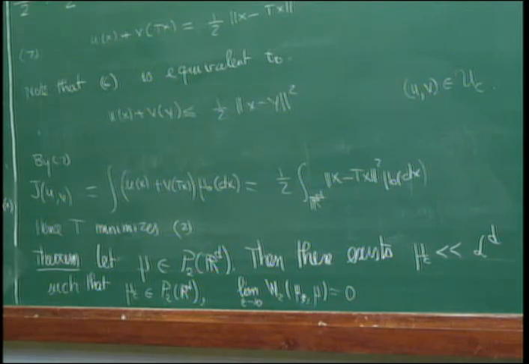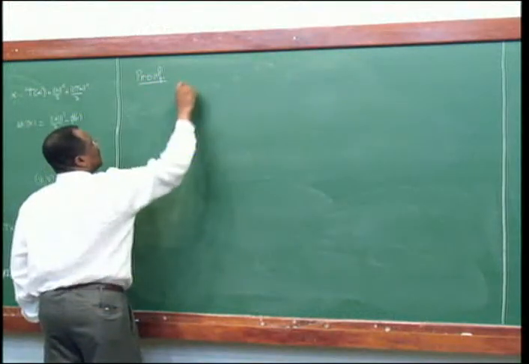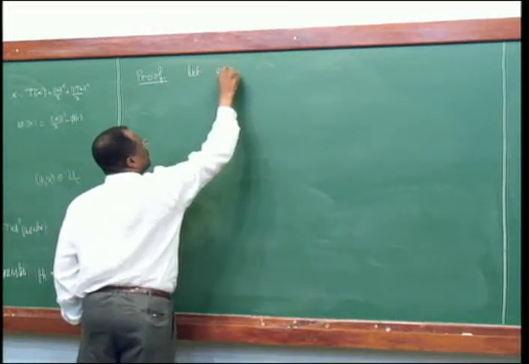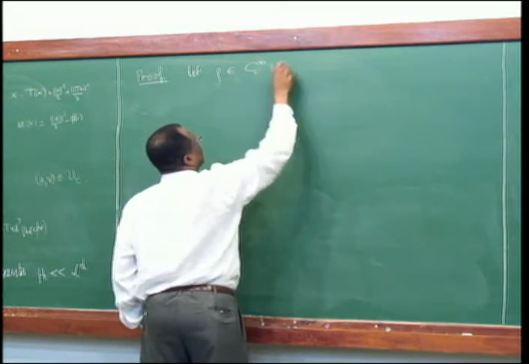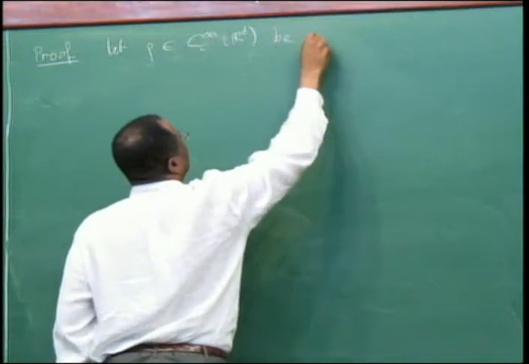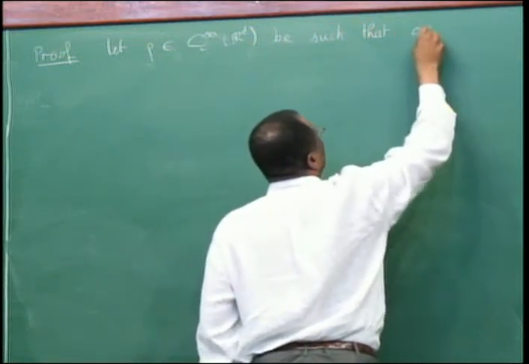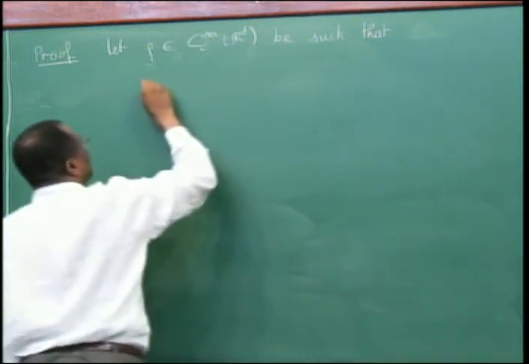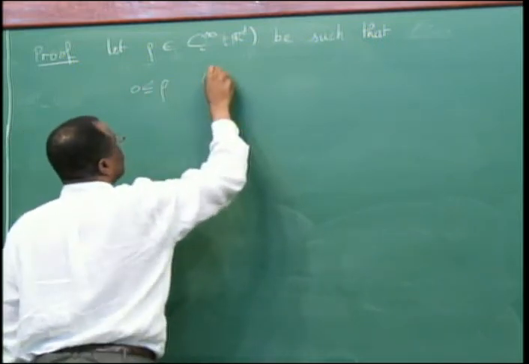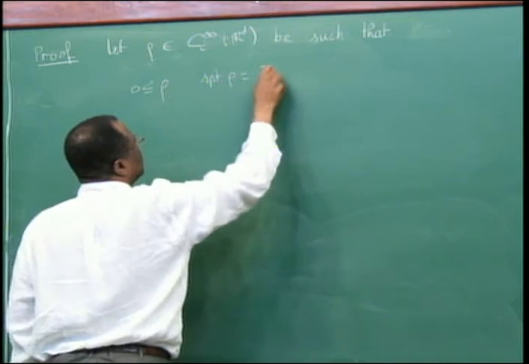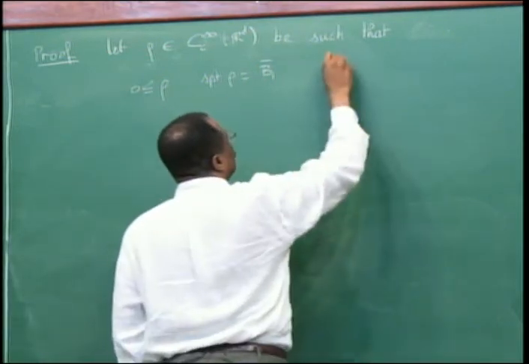So the mu epsilon is explicit. Let rho be a standard mollifier, such that 0 is less than rho. The support of rho is the closed ball centered at 0, radius 1.